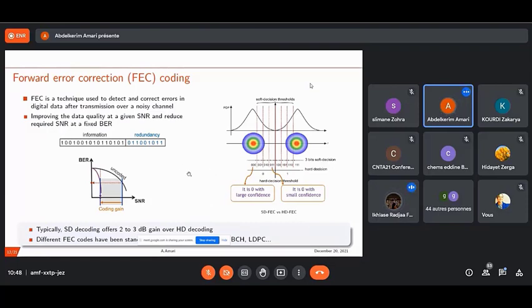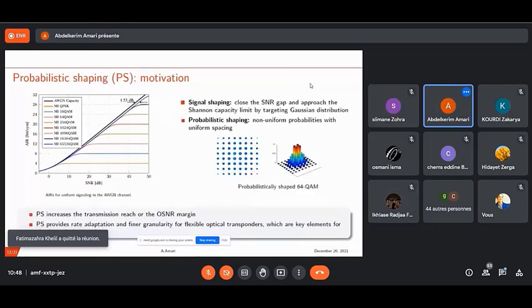The aim of forward error correction is to correct errors, Gaussian noise errors, and then approach the channel capacity of the channel. Another way to do this is to use constellation shaping. Constellation shaping aims to close the gap with the channel capacity by targeting the Gaussian distribution, which has been shown to be optimal for the AWGN linear channel.